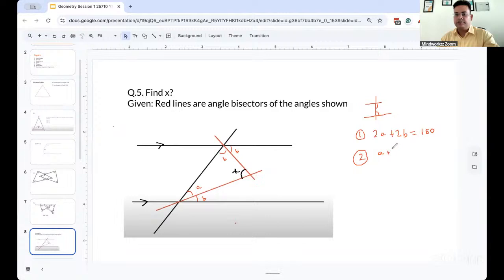So A plus B plus X is equal to 180 degree. From the first equation you already know that A plus B is 90. Why? Because 2A plus 2B is 180. So A plus B will be 90. You put A plus B in the second equation, 90, X would be 90. Right? So X is equal to 90. I hope this is clear.